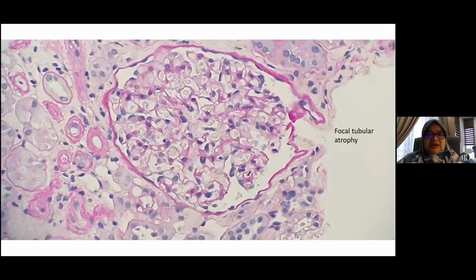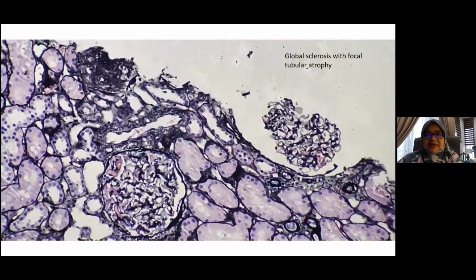Okay, so this is a normal looking glomerulus, and adjacent to it there is focal tubular atrophy noted. This is the PAS stain, which shows one globally sclerosed glomerulus, and this is a relatively normal glomerulus, with focal tubular atrophy also seen.